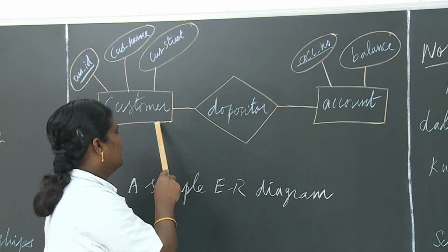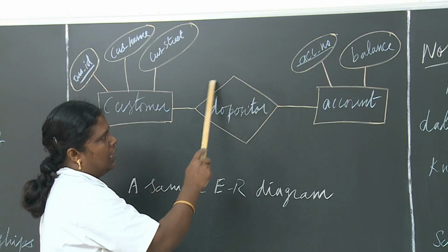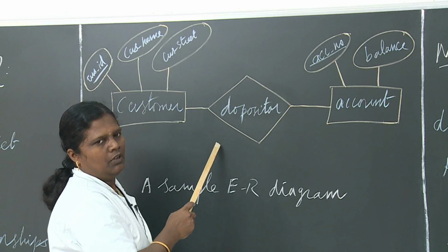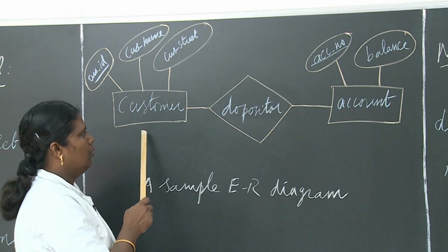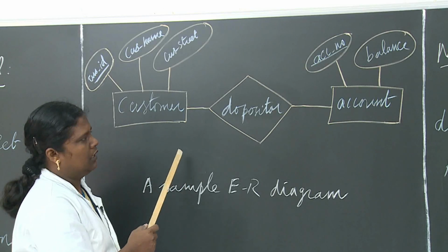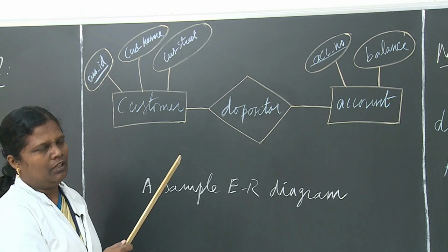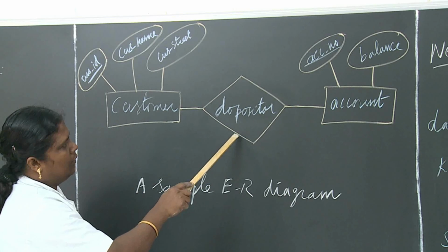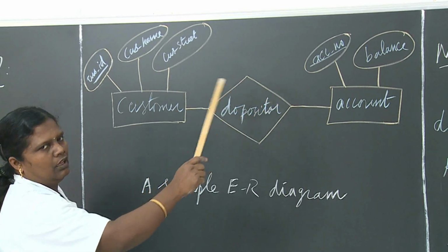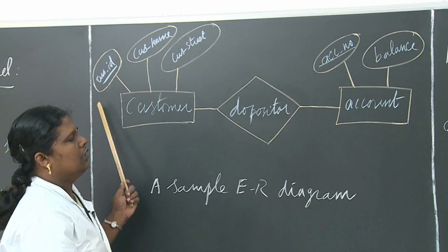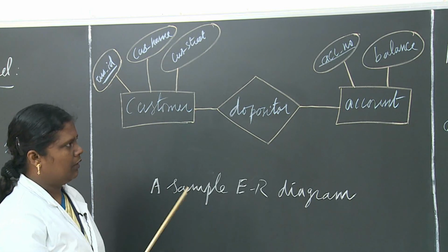So the customer and account relations are represented in the form of an ER diagram, an entity relationship diagram, using these symbols. We can clearly identify that these two are related through the depositor with the following attributes and their primary keys. So this is the example for an ER diagram.